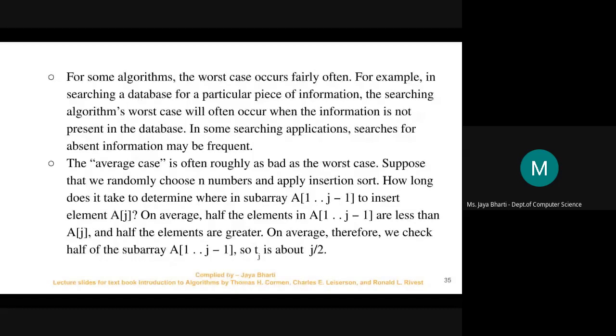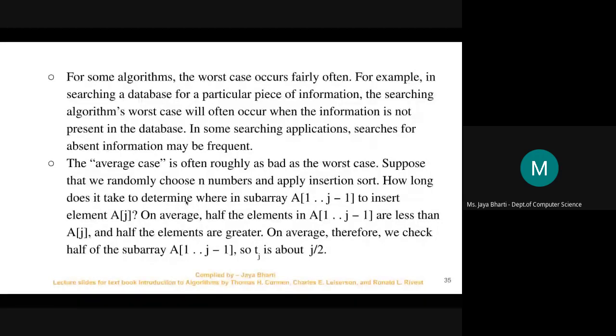Suppose that we randomly choose n numbers and apply insertion sort. How long does it take to determine where in subarray A[1 to j minus 1] to insert the element A[j]? On average, half the elements in your hand are less than A[j].